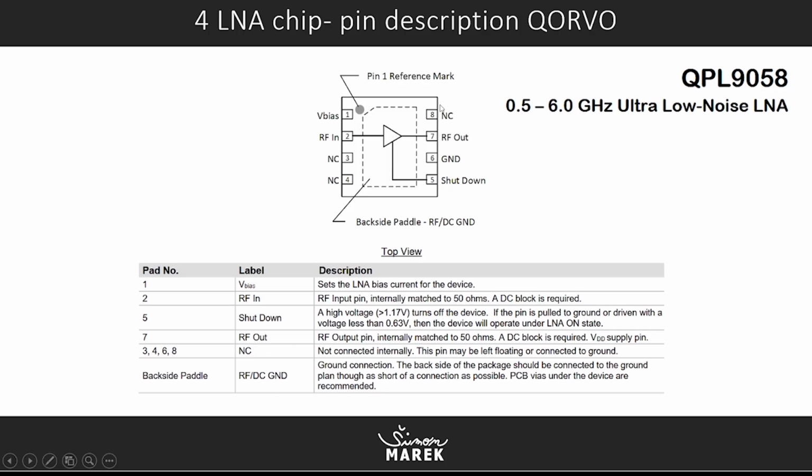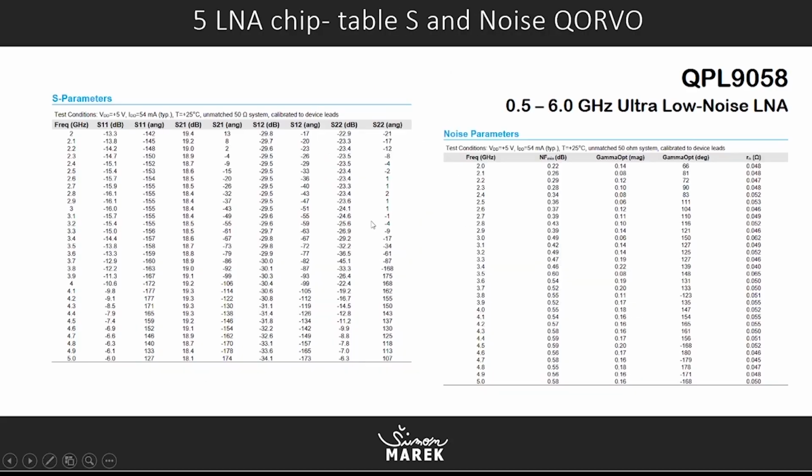So there is no supply pin for the LNA. You will supply it this way. And you also have a ground pin which needs to be connected to ground to fully ground your chip and assure proper operation.